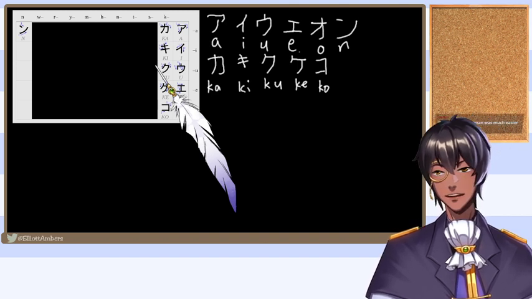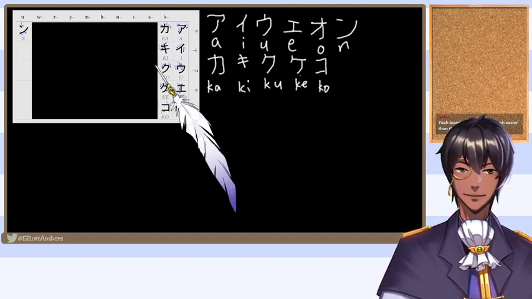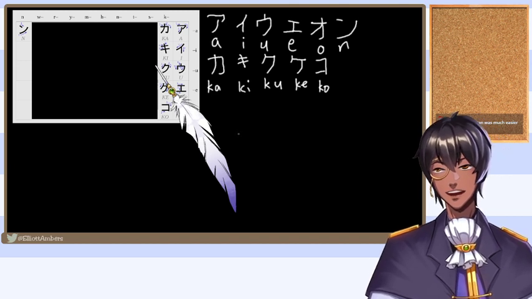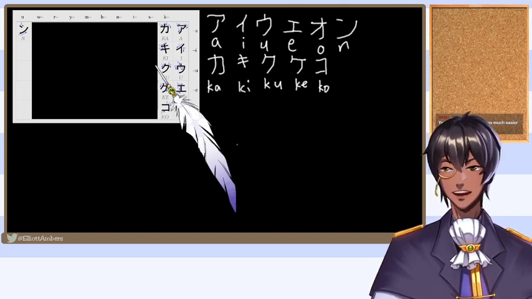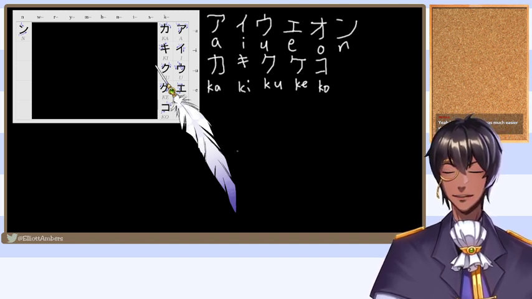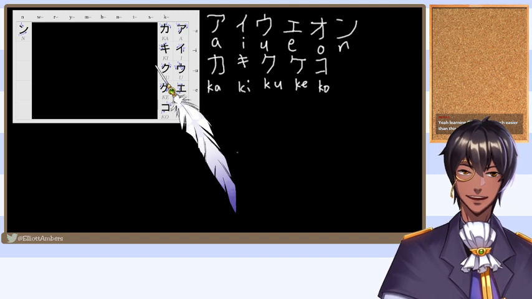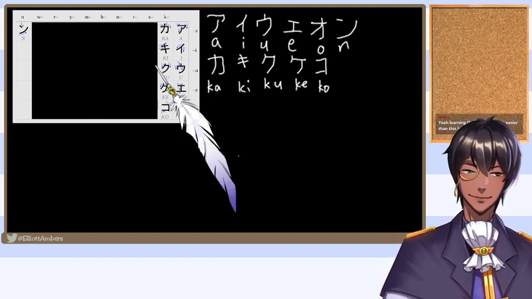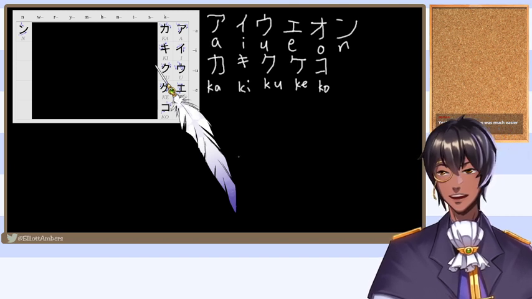So, we have ka ki ku ke ko, and remember, learning German was much easier than this. Yeah. German is a lot closer to English, too. German has a lot of similarities. Thinking about learning German in the past, the thing that messed me up a lot, and it messes me up learning languages in general, is the cases.